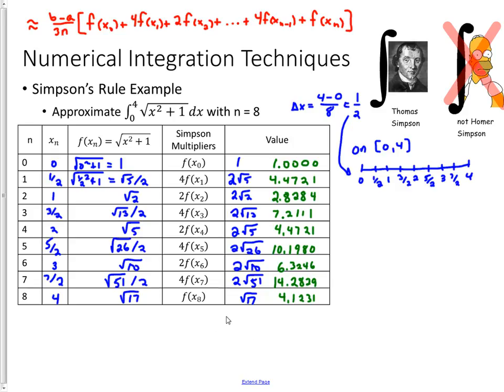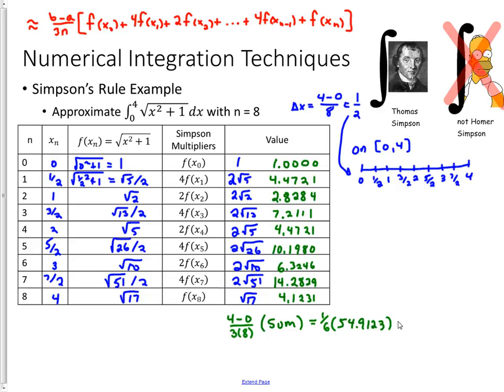So in other words, I'm going to take 4 minus 0 divided by 3 times 8 times this sum to get my value, which is to say I take a 1/6 of my sum, which is to say 1/6 of 54.9123.